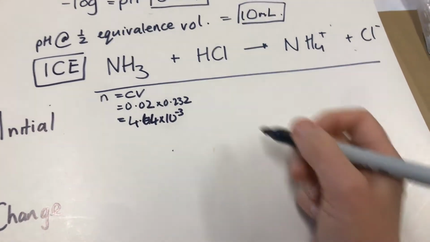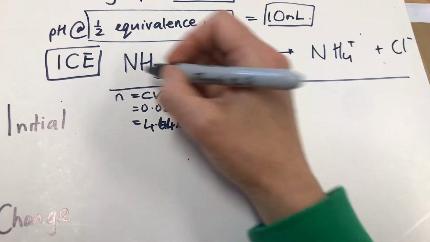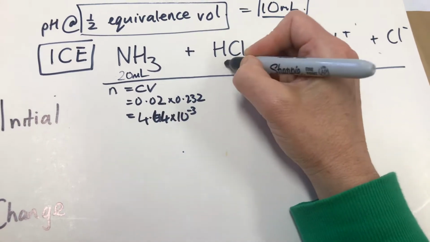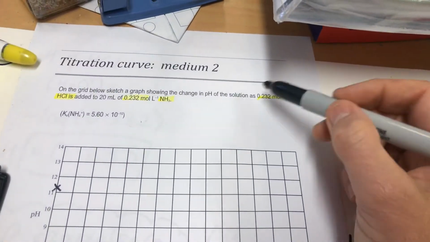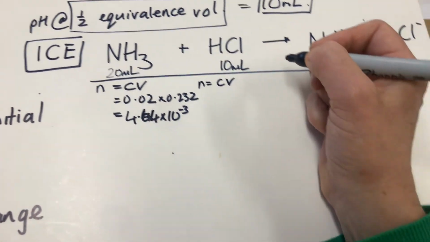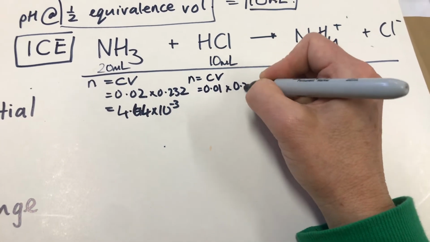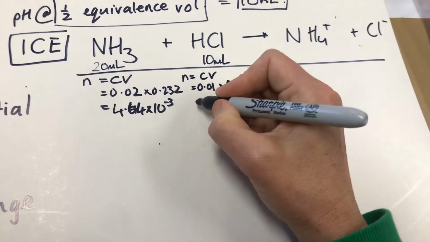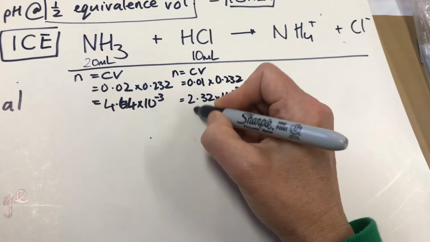Okay, I can be pretty clever here if I like, because I know that at this point, at half equivalence volume, I've added 10 mils of HCl, and I also know that my HCl concentration is also 0.232, so n equals CV, which equals 0.01 times 0.232. So it's obviously going to be half this. So it's 2.32 times 10 to the minus 3. These are our moles.